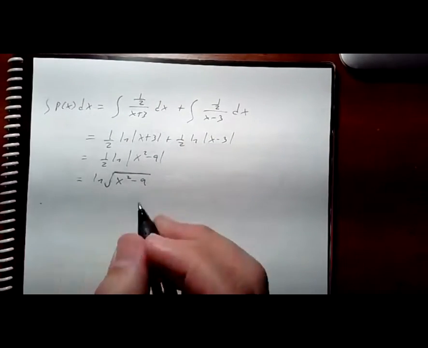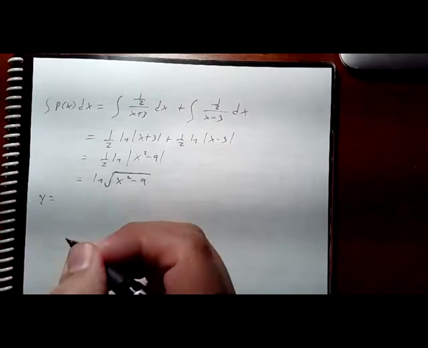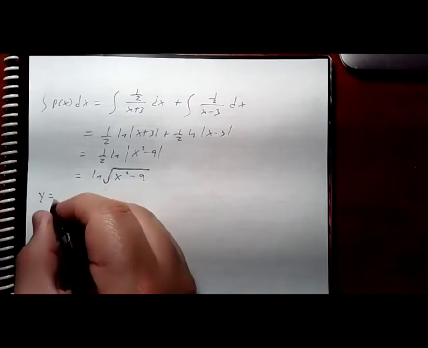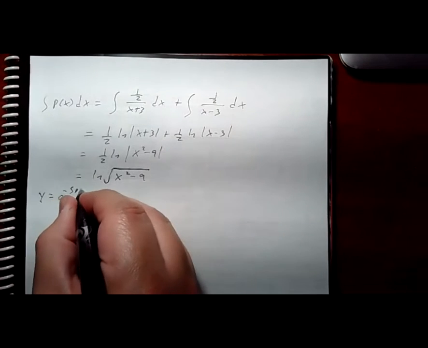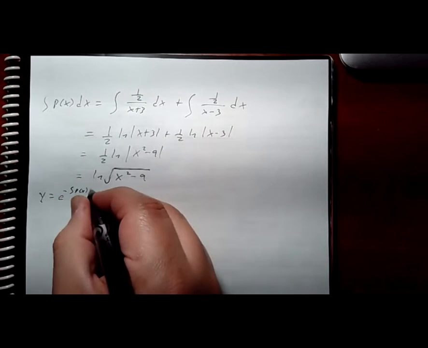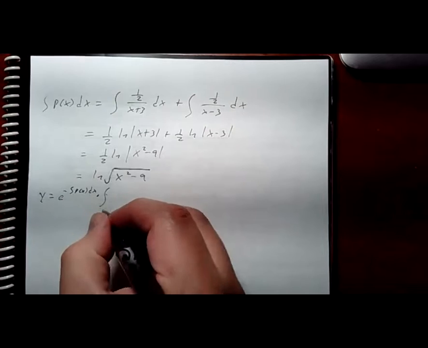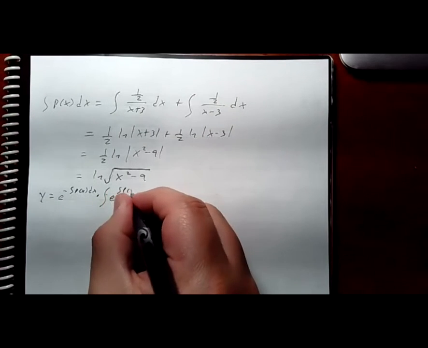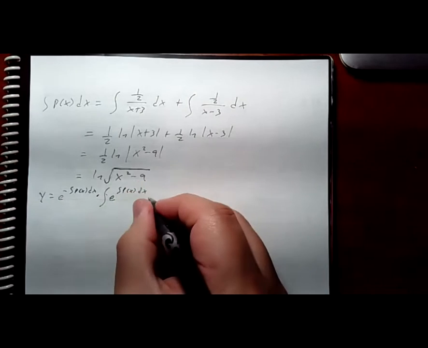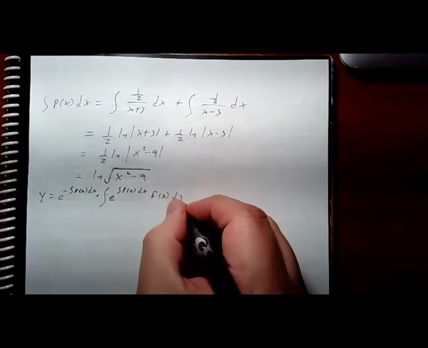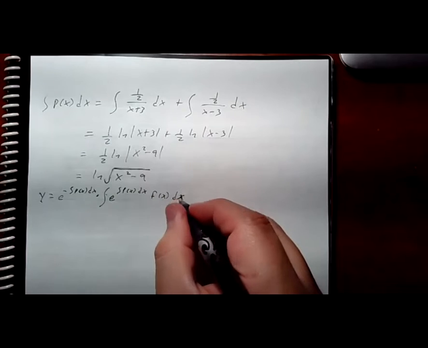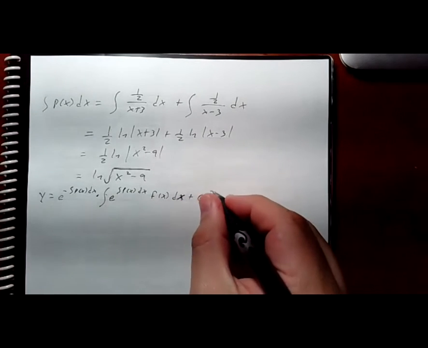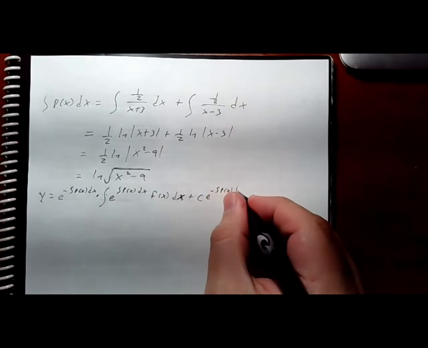The formula is y equals e to the negative integral of p of x dx, times the integral of e to the integral of p of x dx times f of x dx, plus c times e to the negative integral of p of x dx.